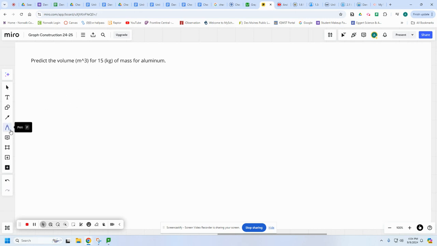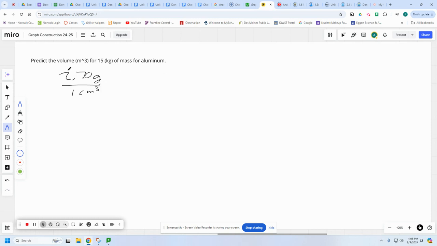The first thing you guys have to realize is that you're dealing with a situation where you've got volume and mass again, and so somewhere you have to have a density. So I've got a density for aluminum from class that we use that we said was approximately 2.7 grams for every 1 centimeter cubed.